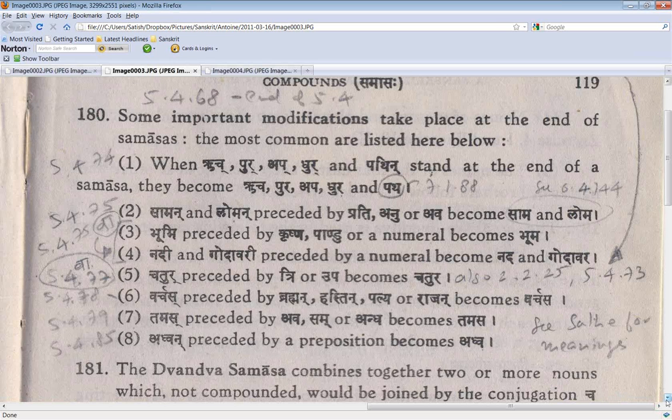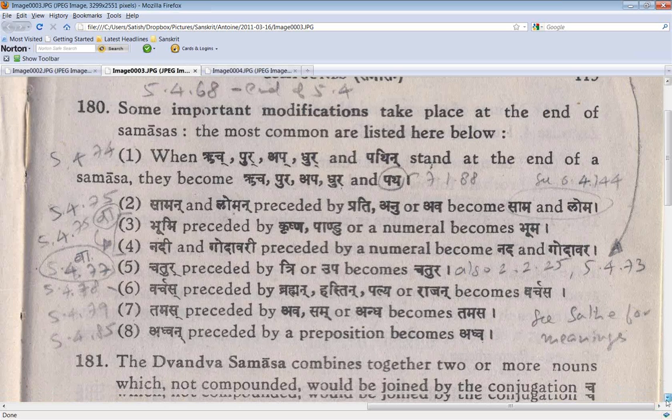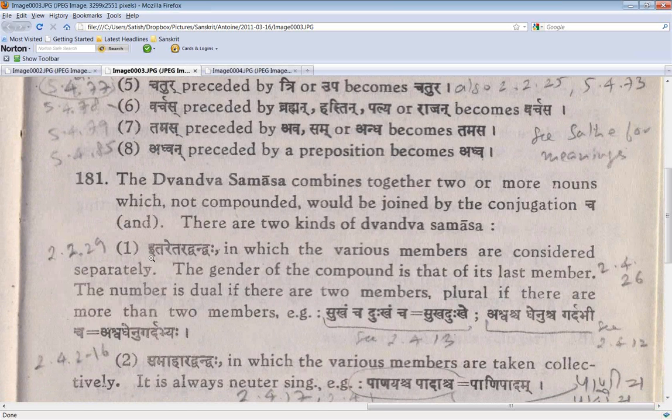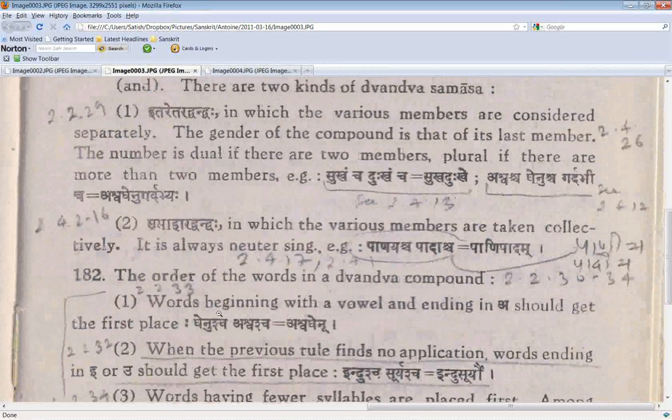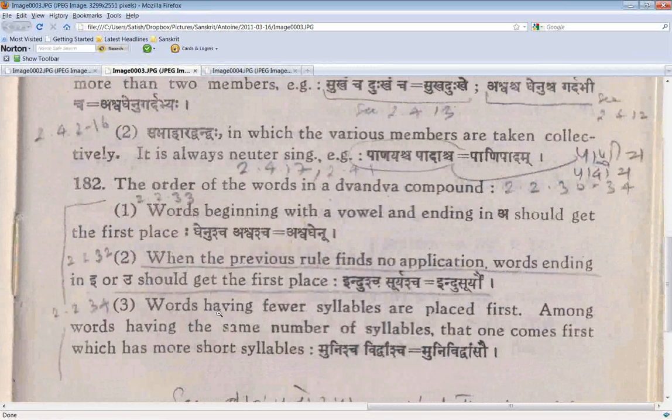Now the dvandvas, only one rule, 2.2.29, charthe dvandva. And then the samahara, where we stop, is 2.4.2 to 2.4.16, where Panini specifically says which kind of words will go in a samahara dvandva. And then the last thing on this page is about the purvanipataha, which we talked about also today.